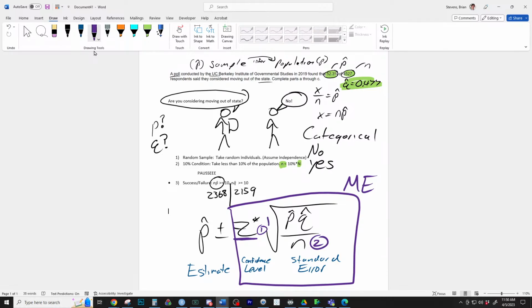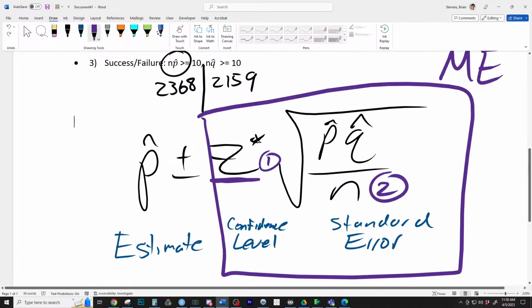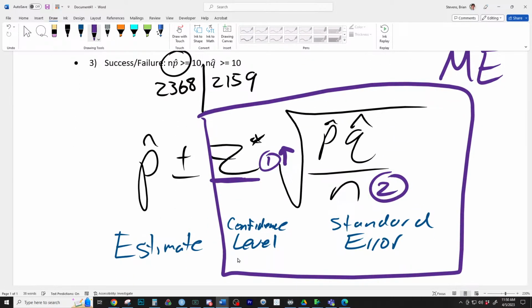As your confidence level increases, your margin of error will increase. As your sample size increases, your margin of error decreases.